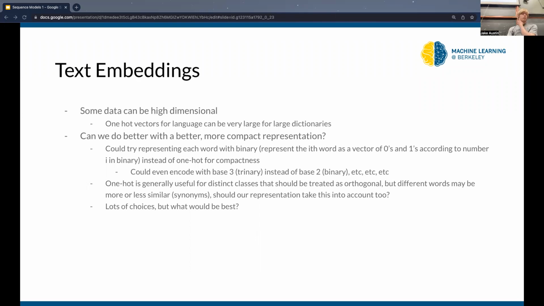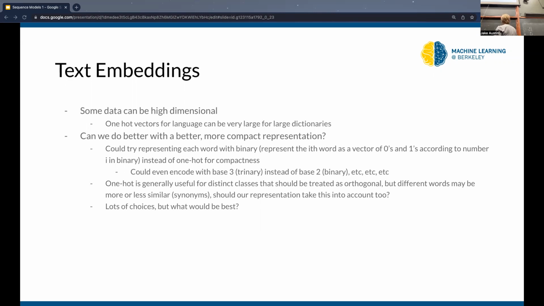One thing you could try is representing each word with binary, for instance. For the, I don't know, 5th word in your dictionary, instead of representing it as 0, 0, 0, 0, 1, and then more zeros, maybe represent it with binary, which would be 5, which would be 1, 0, 1, I think. 1 plus 4, yeah.